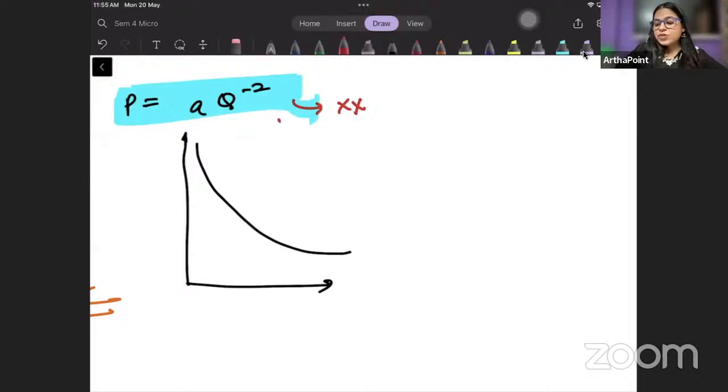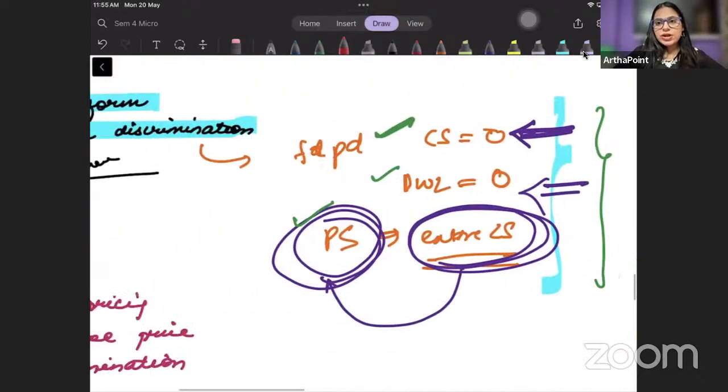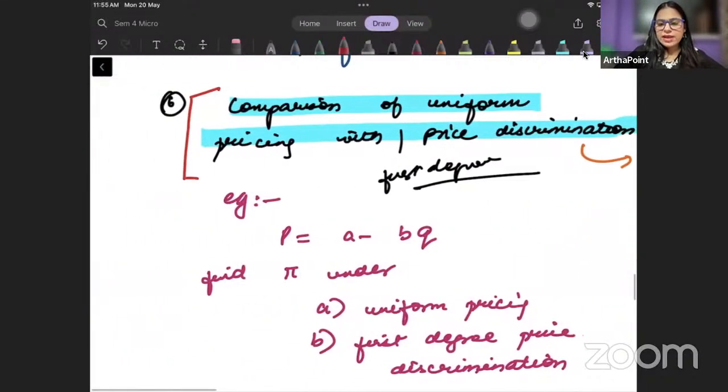Please don't do that. So in this case you need to do integration, है ना? So once you find out this quantity and this price, to find the consumer surplus, you will integrate the demand curve, and that will give you consumer surplus. So make sure that you do these kind of questions very well.